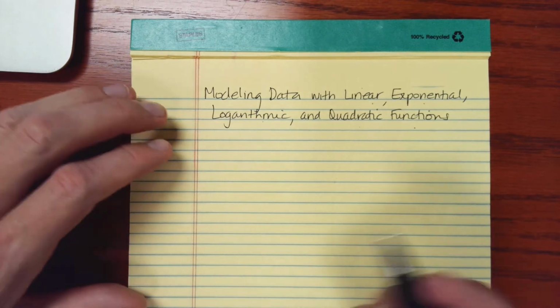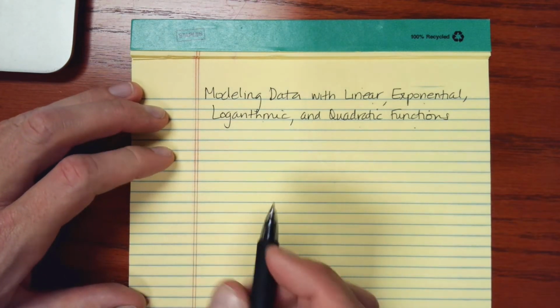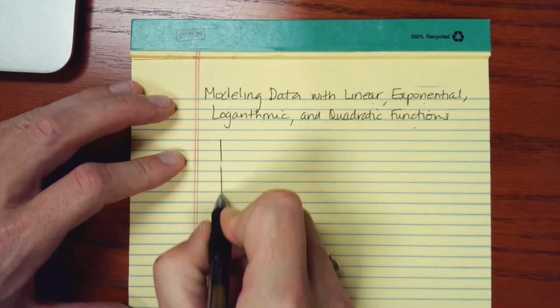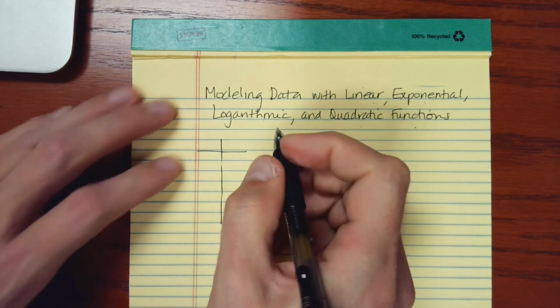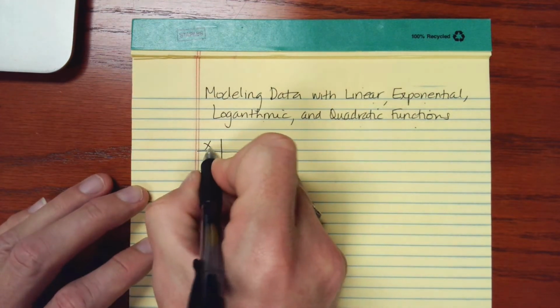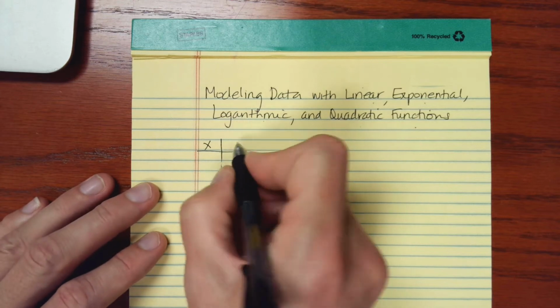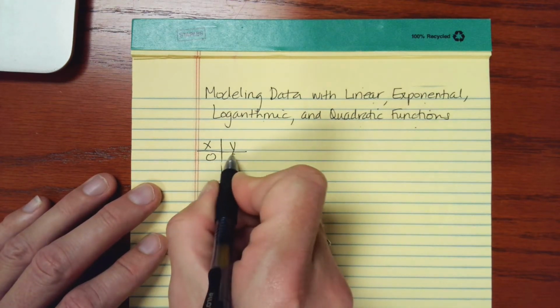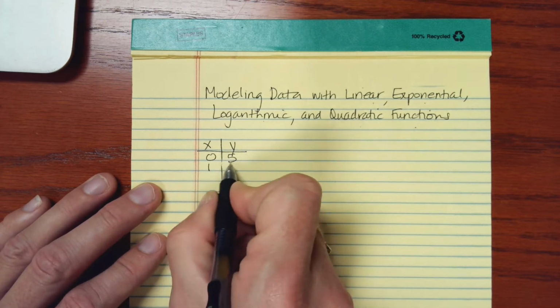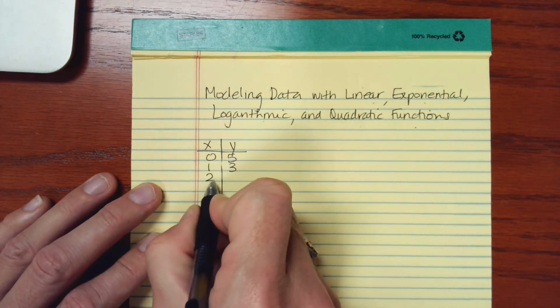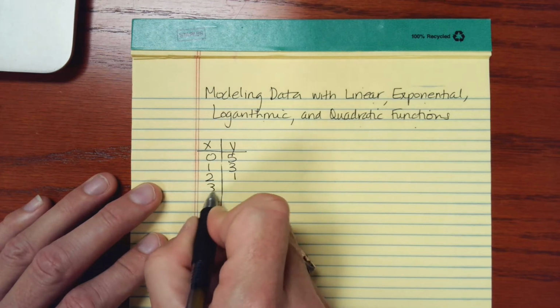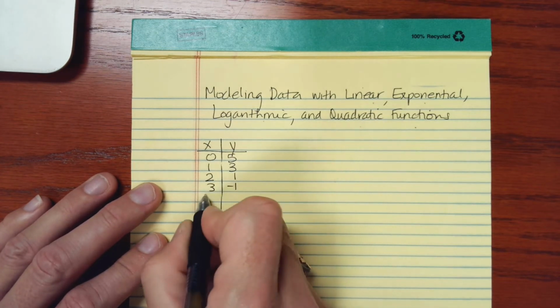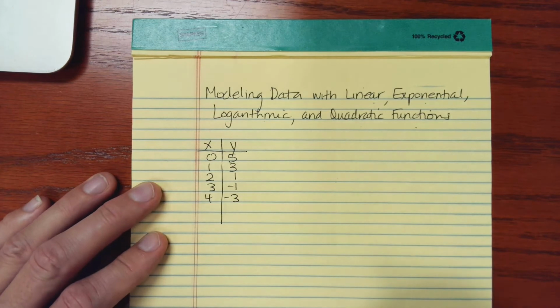So when I'm saying modeling data, let's say that we have a data set, and I'm just going to use a really small data set of x and y values. Let's say we have 0, 5, 1, 3, 2, 1, 3, -1, and 4, -3.